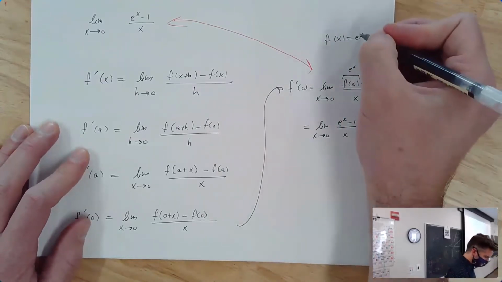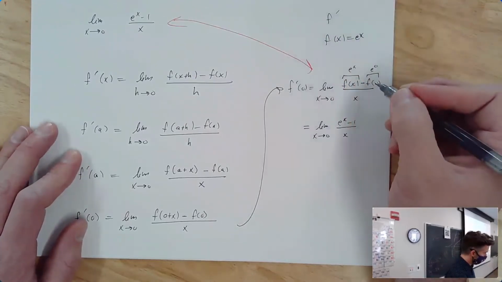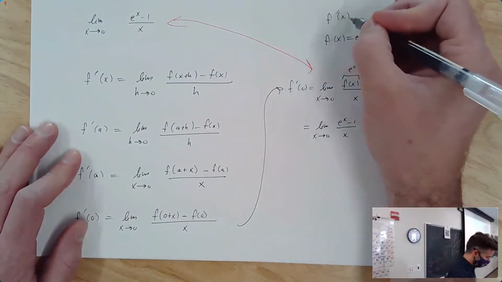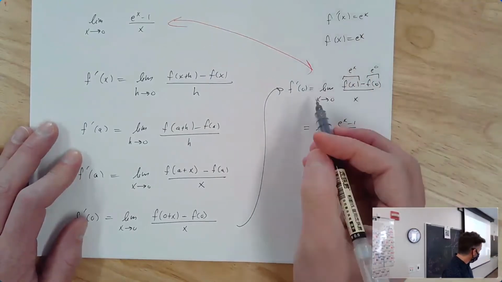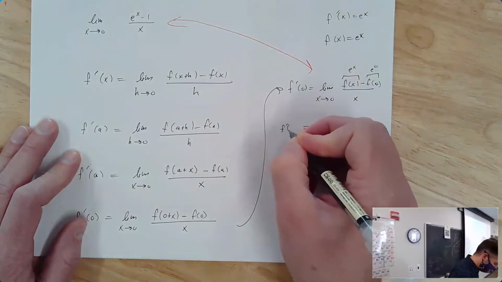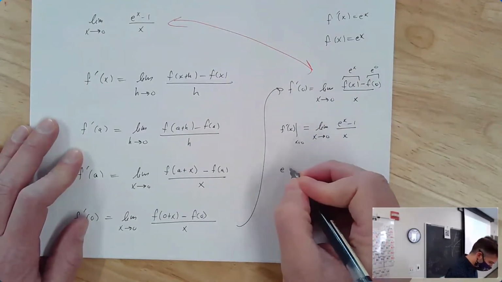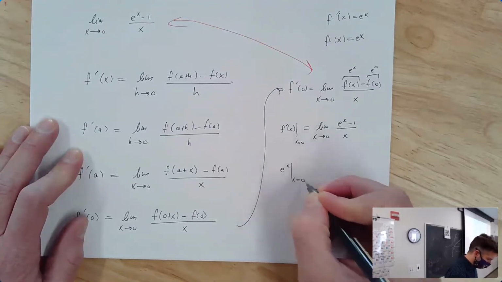Okay, so let me ask you, what's the derivative of e to the x? E to the x. So this left-hand side is literally the derivative evaluated at x equal to 0, which is just e to the x evaluated at x equal to 0.